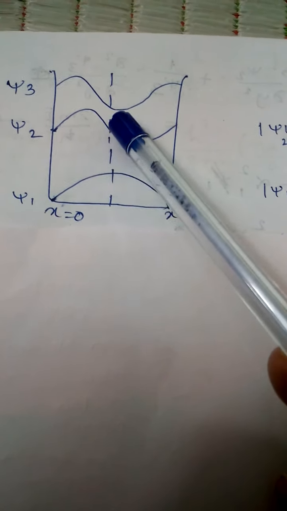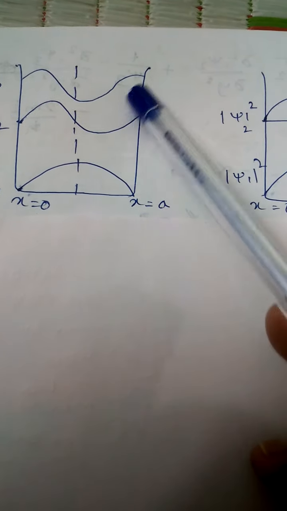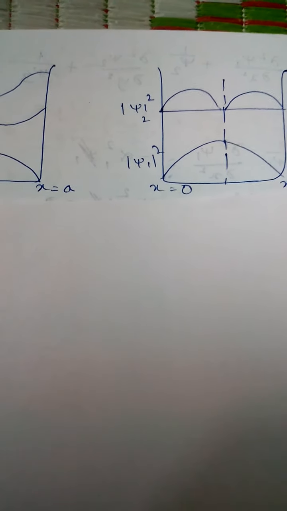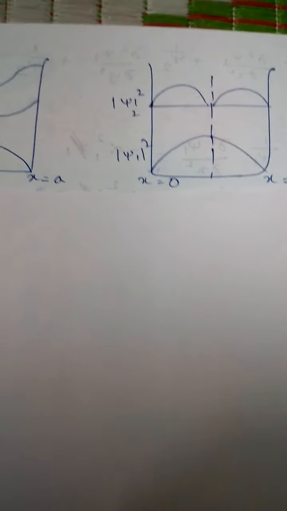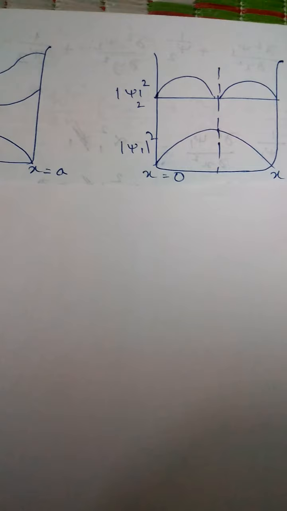This is mod of psi 2 square versus x. It is always positive, having higher amplitude. So this is the variation of probability density with position.